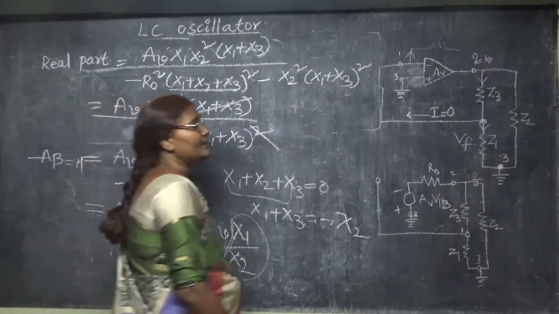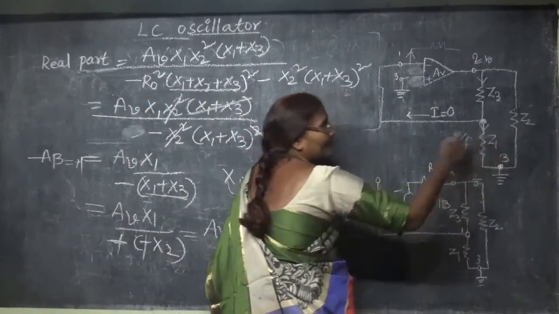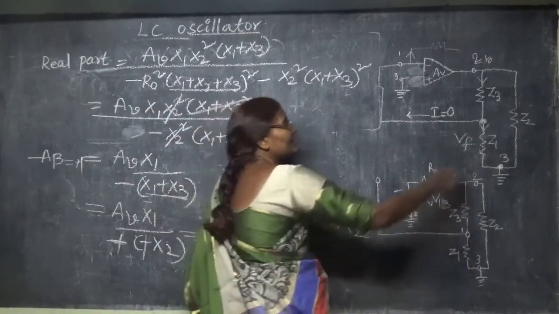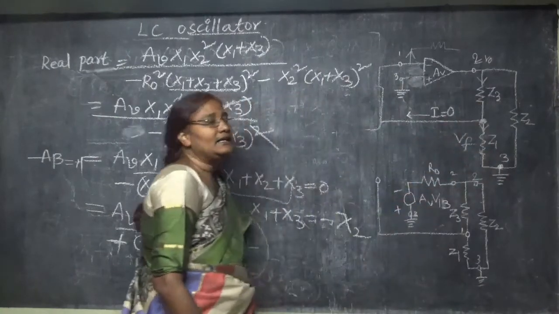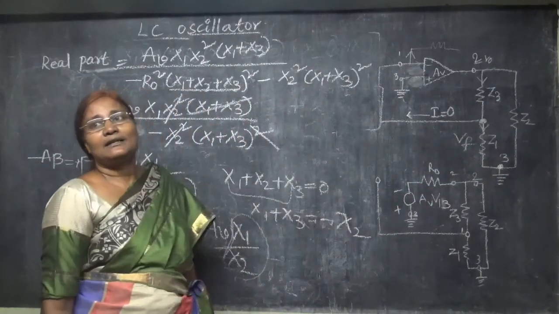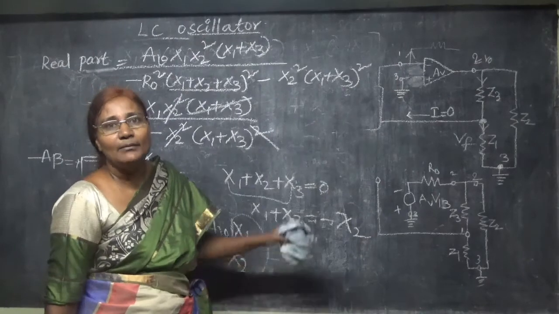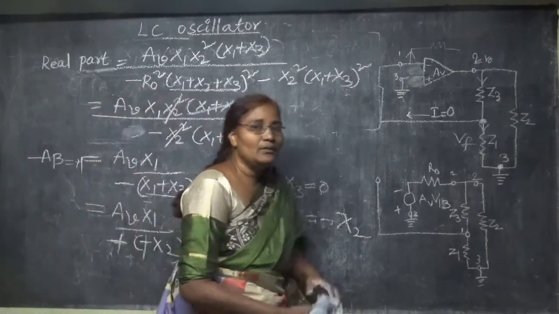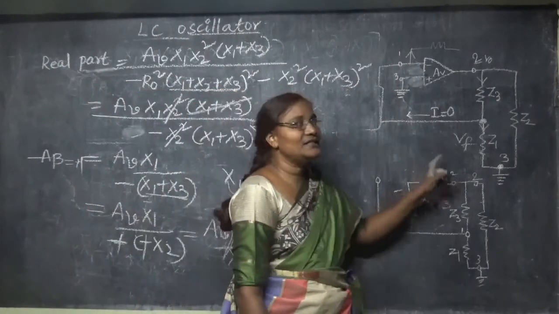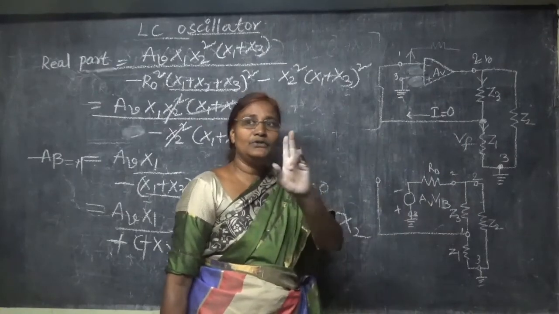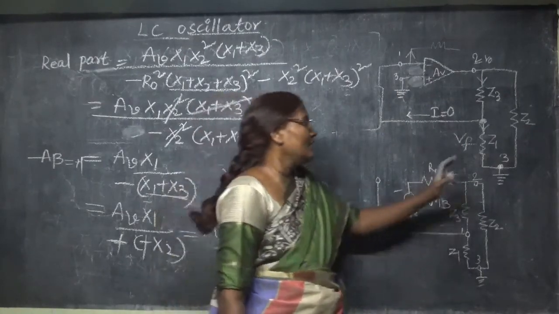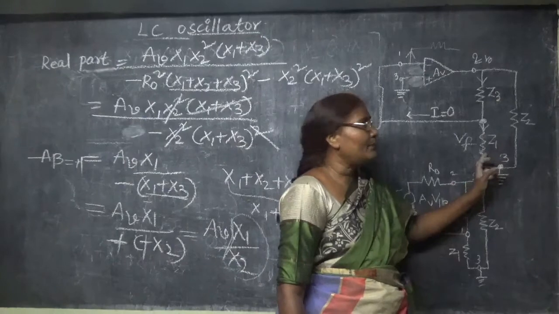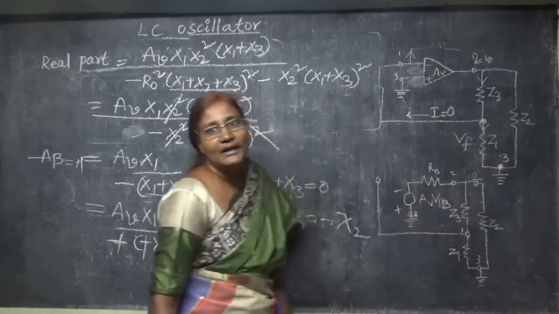If Z1 and Z2 are both capacitors and Z3 is the inductor, it is the Colpitts oscillator. Among LC oscillators, it will become the Colpitts oscillator. Remember it this way: Colpitts has C, so two Cs come, two capacitors come. So Z1 and Z2 will be capacitors, and the other will be an inductor.